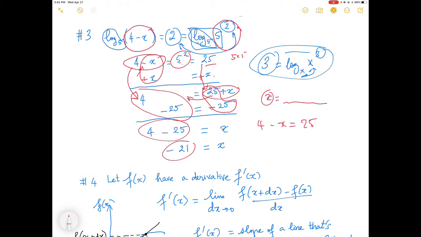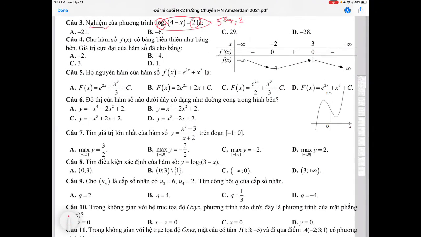When you look at this, you would say instantly in your mind that x will be coming over here and it becomes a plus, and 25 over here becomes a minus. So then x is equal to minus 21. Okay? So the solution would be this, A.